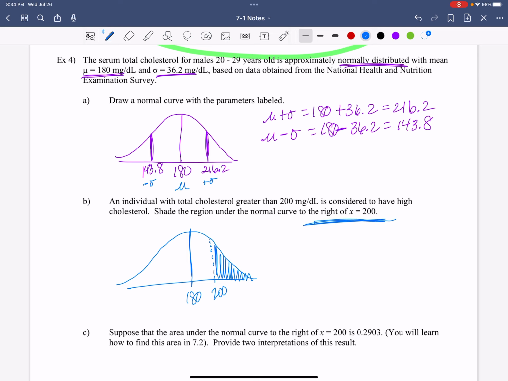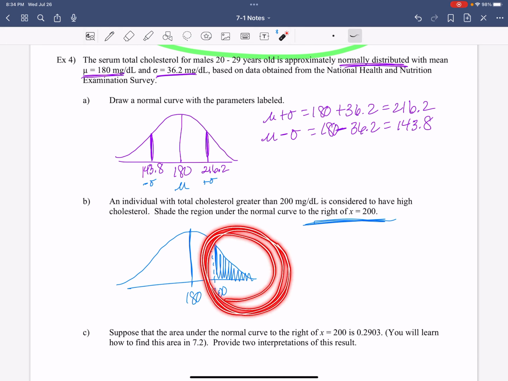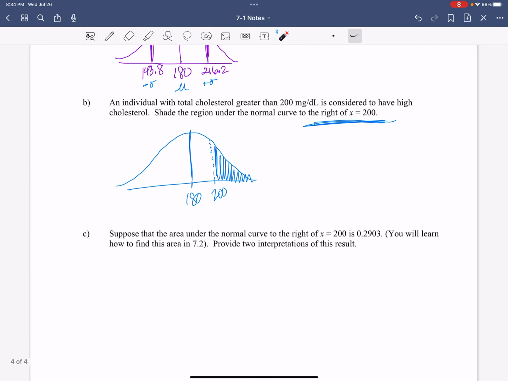So higher than 200, this area, this probability, this proportion that is shaded right there, is where you can determine if you have high cholesterol. Okay, this is really just show and tell right now. We're just laying the groundwork so that we can do something with it.